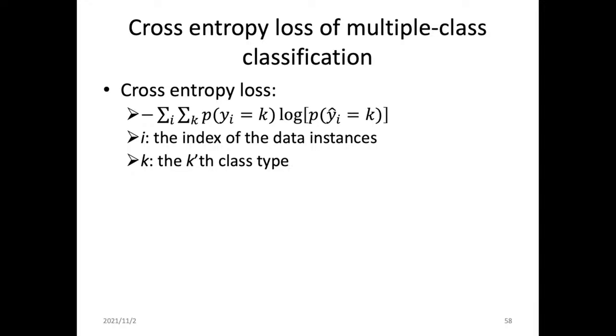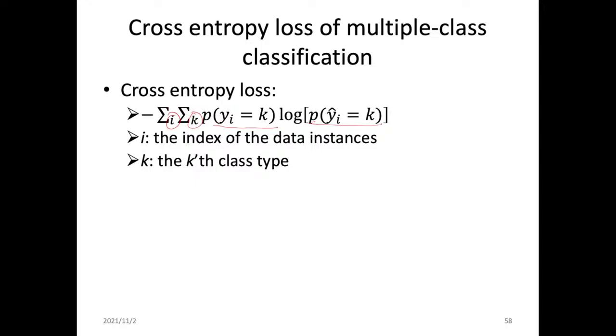The definition is like this: summing over k, the label, you compute p of yi equals k multiplied by log p of yi hat equals k. And then this summation is over all the training instances or test instances, depending on whether you are computing training loss or testing loss.